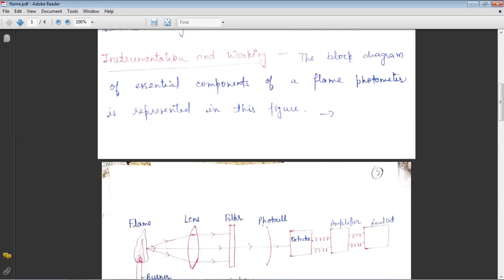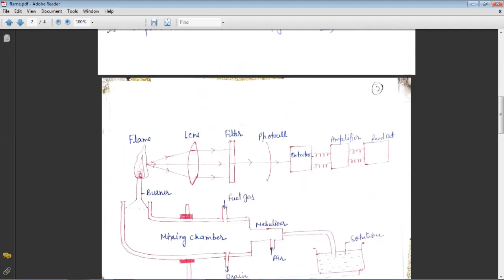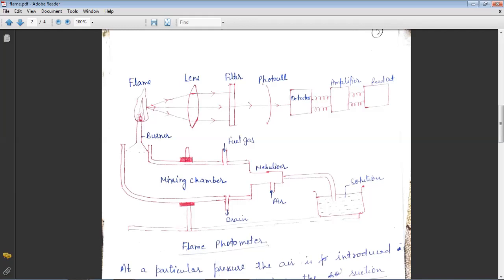So here is the block diagram. It shows the very essential components of the flame photometer. Firstly we can see there is the solution of the metal. Suppose it is a sodium chloride solution or copper sulfate solution, a solution of a metal compound. Then here is the nebulizer.